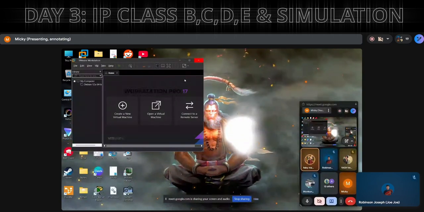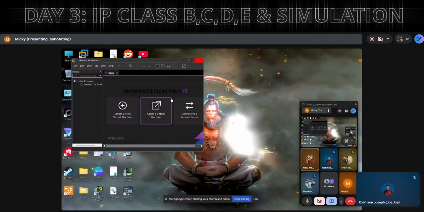So I have hands-on practice on VirtualBox. If anything is misconfigured in your virtual machine tool, then it is a time-taking process. So that's why I'm not going with VMware.